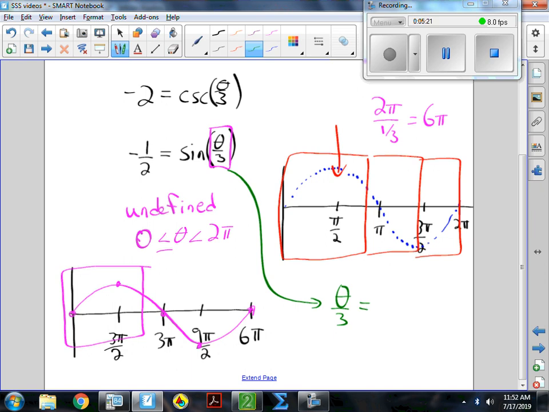Sine is equal to negative 1/2 at 7 pi over 6 plus 2 pi n, and 11 pi over 6 plus 2 pi n.